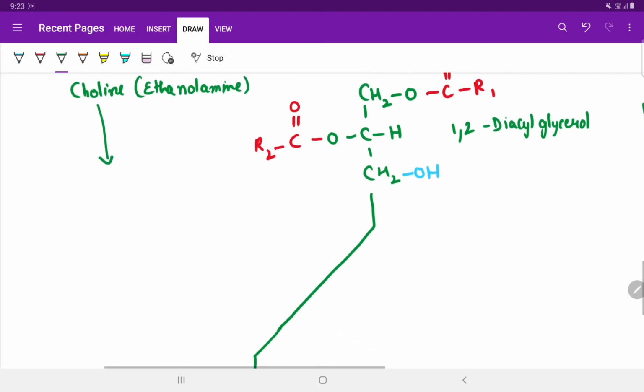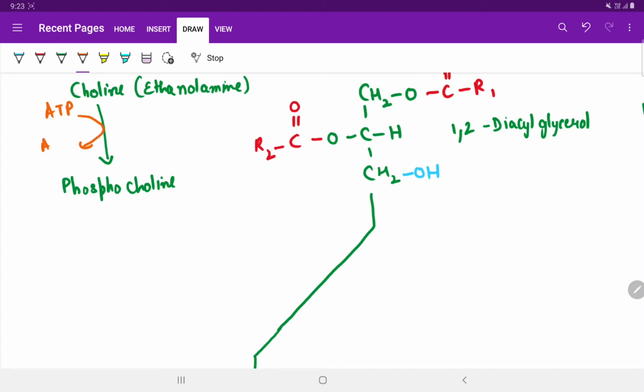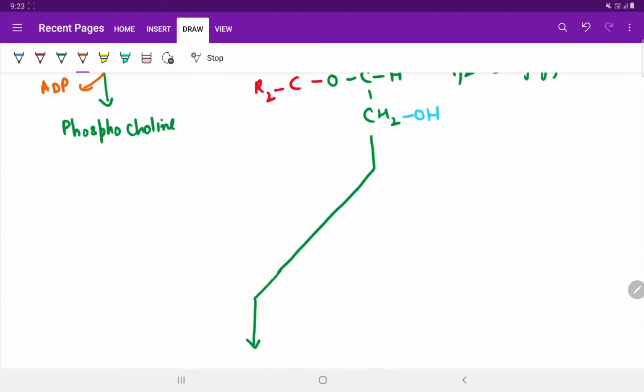is phosphorylated to form phosphocholine or phosphoethanolamine in the presence of one ATP molecule. And this phosphocholine is further attached to one cytidine molecule by utilizing the CTP, and thus the molecule being formed is known as CDP choline or CDP ethanolamine.